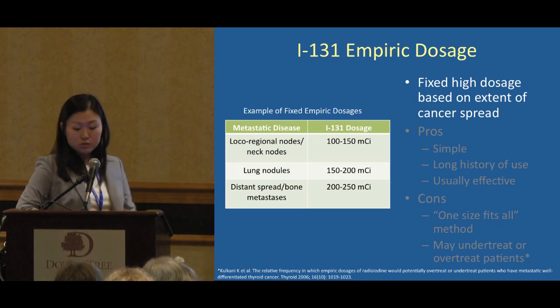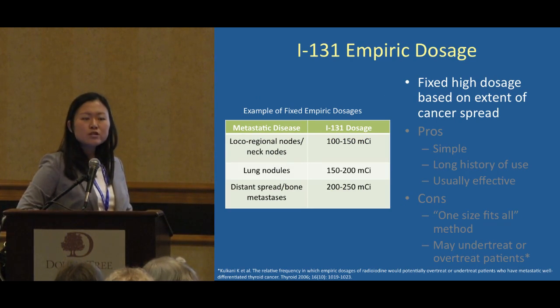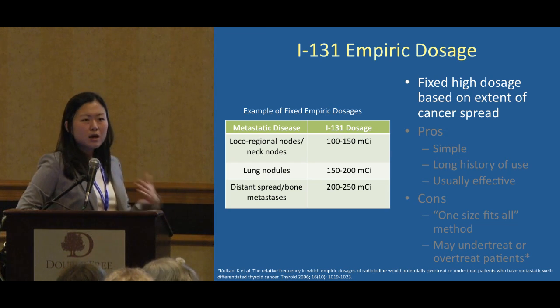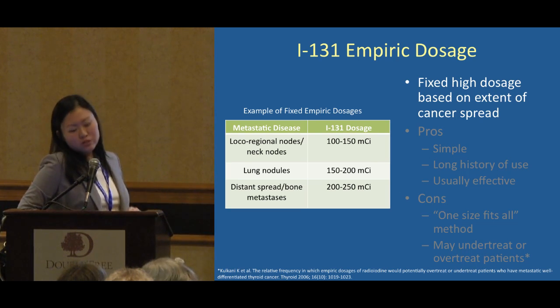All right, so let's talk about empiric dosage. So what is empiric dosage? Empiric dosage is when we decide, based on the pattern of spread of cancer, we say, is it just in the neck nodes? Has it gone to other parts of the body? Do the other parts of the body include disease in the lungs? Depending on that, we put patients into categories of how much radioactive iodine we give them.